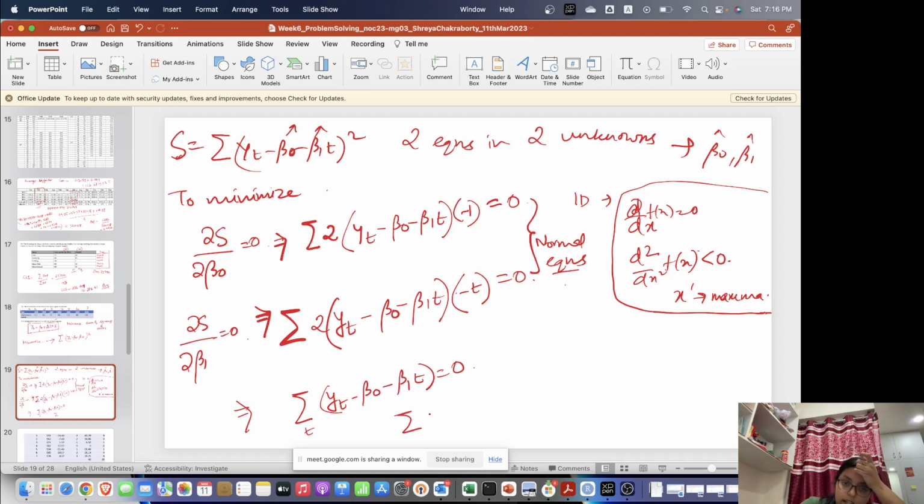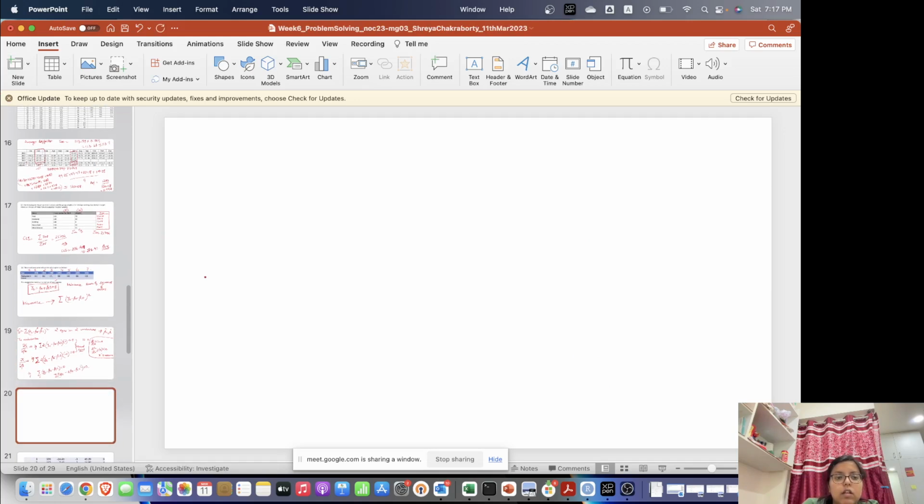And here we are getting summation yt, and here we are getting summation t yt minus t beta naught minus beta 1 t square equal to 0. Okay, so I'll write these two equations once more.